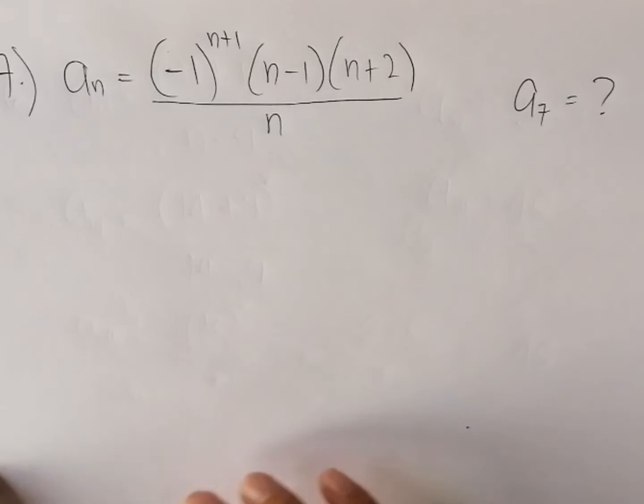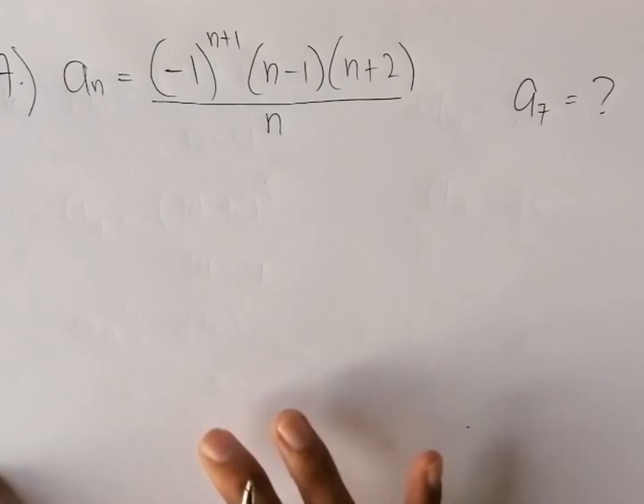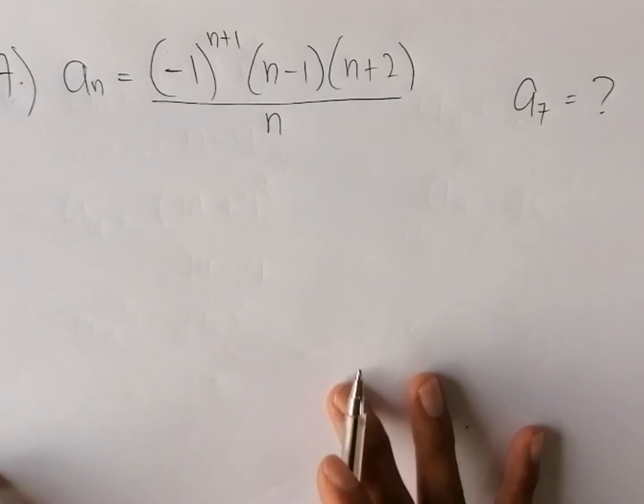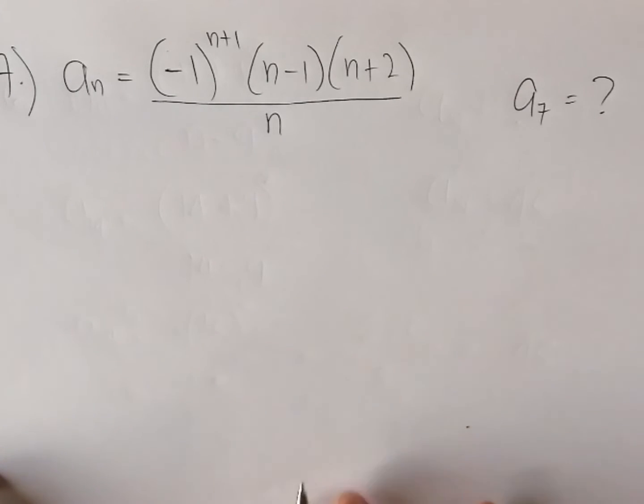For number 7, a sub n is equal to the quantity of -1 raised to the power of n plus 1 times the quantity of n minus 1 times the quantity of n plus 2 all over n. What is a sub 7?